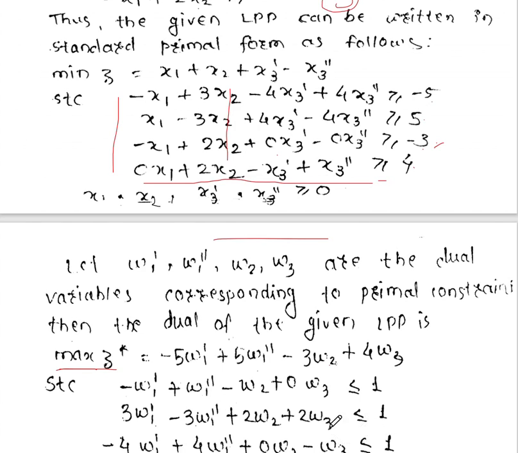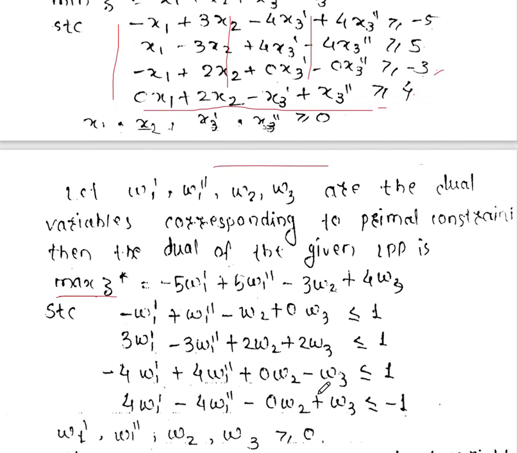The problem is in dual form, that is maximum z, so all the signs must be less than or equal to. And the third constraint, this column will become a row: minus 4 w1 dash plus 4 w1 double dash plus 0 w2, because w2 is absent, minus w3 less than or equal to 1.